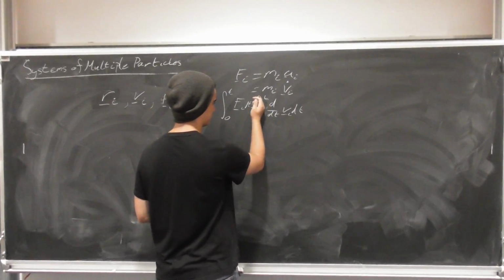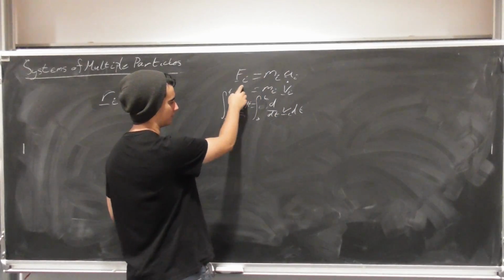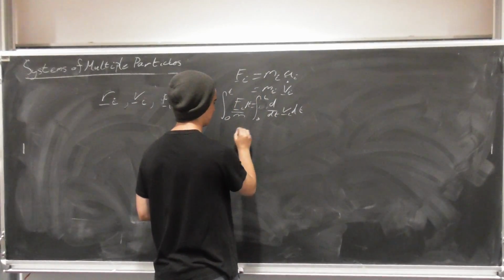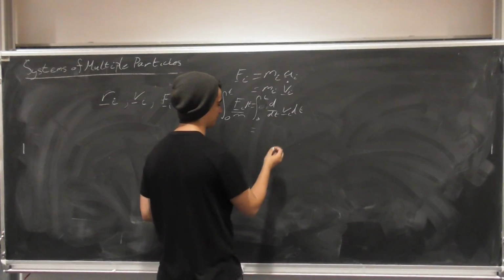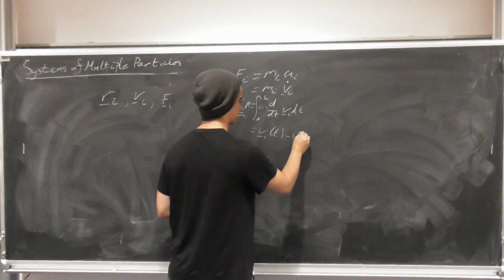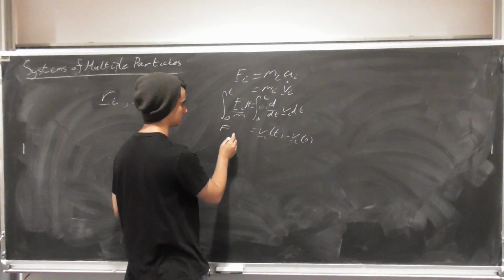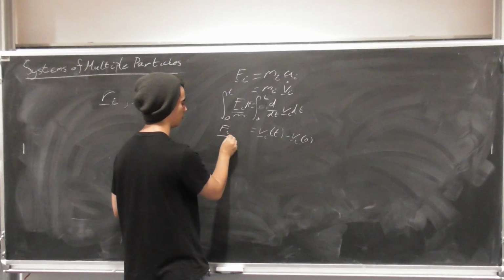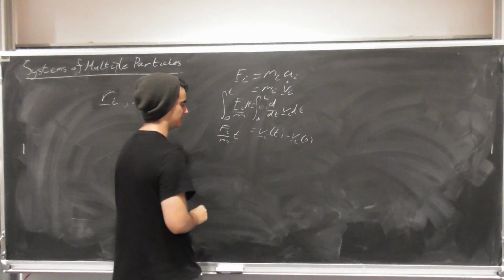If we carry over the m as well, we can get the velocity by itself. We'll divide both sides by m, and this is how we can get v of t by itself. We'll find here the original velocity, and then our constant will give us our t as well.